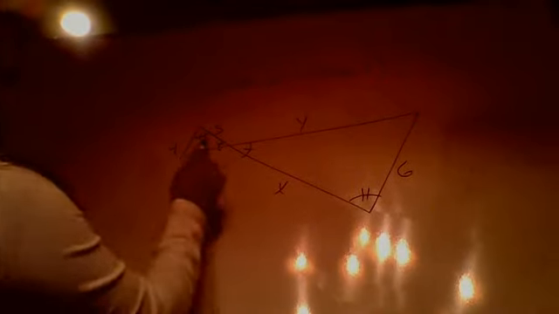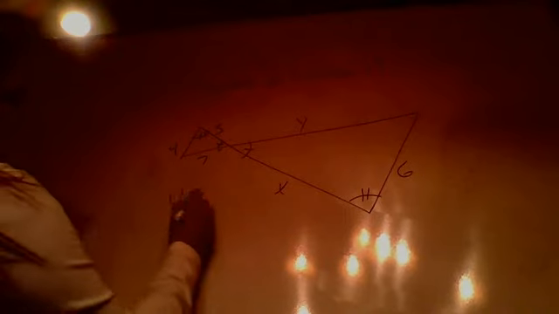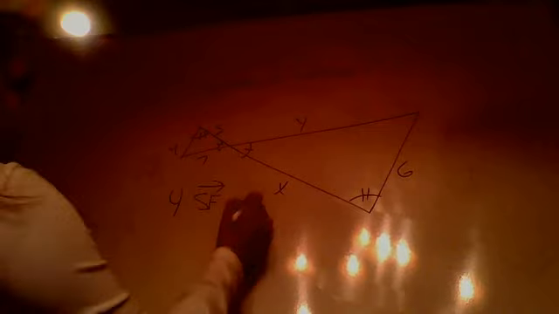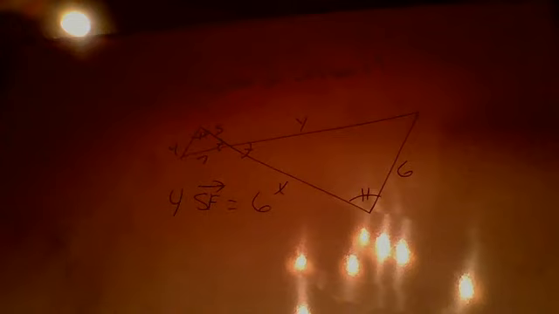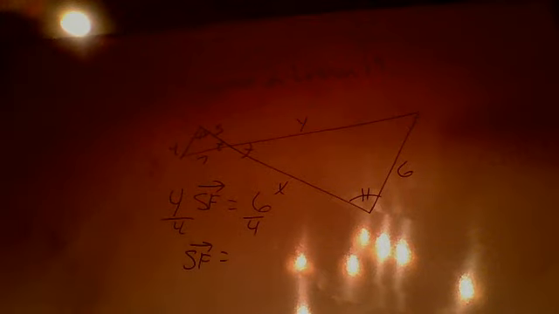So we can say 4 times the scale factor equals 6. Because they're proportional, we just divide by 4. So our scale factor is equal to 3/2.